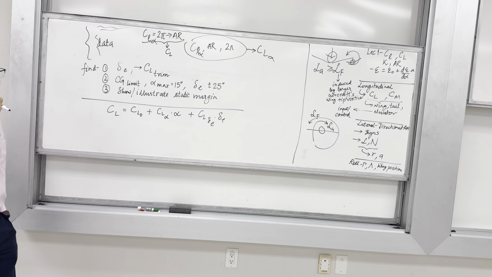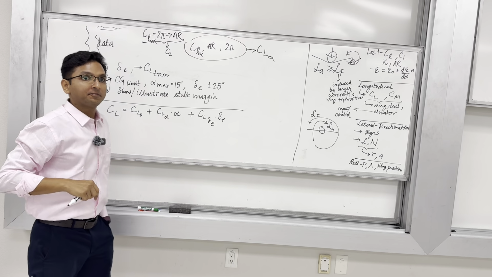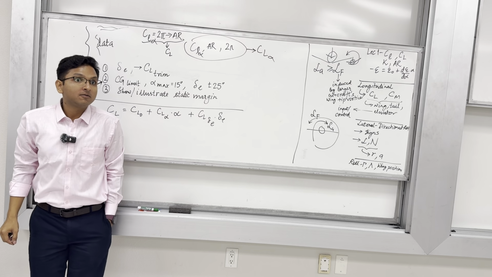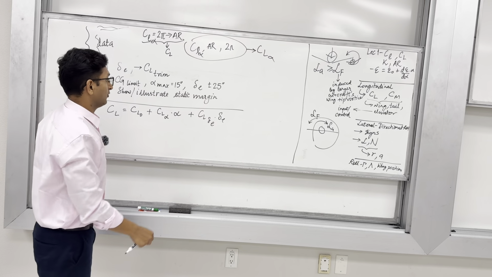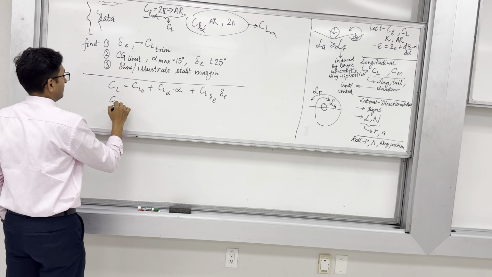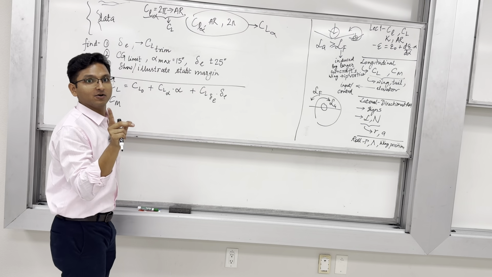Yeah, I still need alpha, right? How am I going to get alpha? Moment equation. Okay, someone's catching on. I have two unknowns here, so I need two equations.